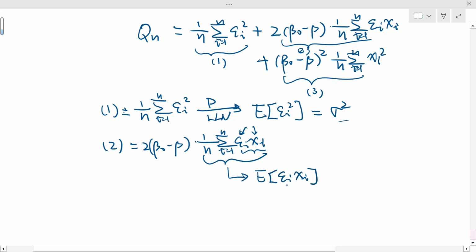Our assumption says that epsilon i is uncorrelated with xi, or x is exogenous, so this mean is 0. So this converges in probability to 2 times (beta 0 minus beta) times 0, which is 0. That's the second term.